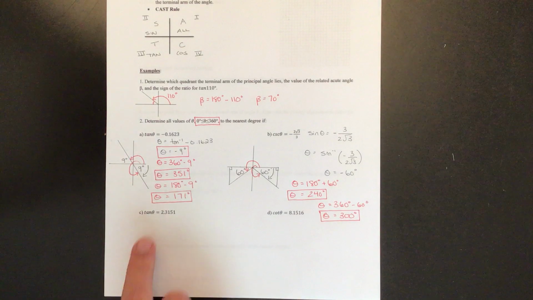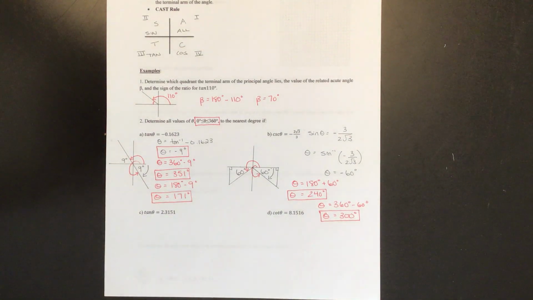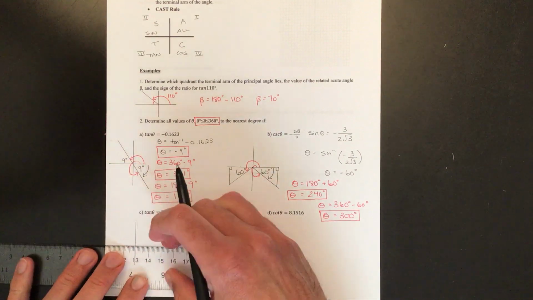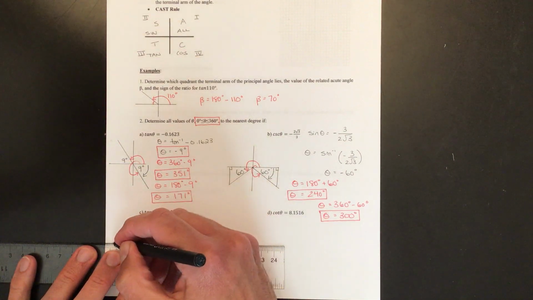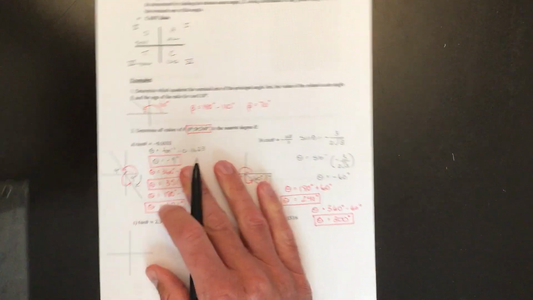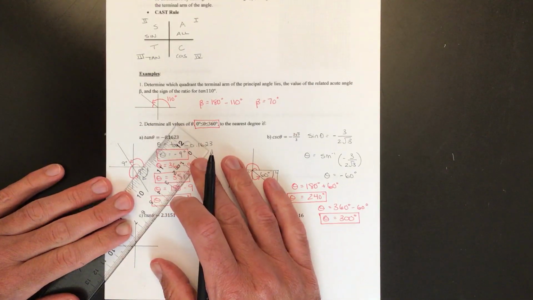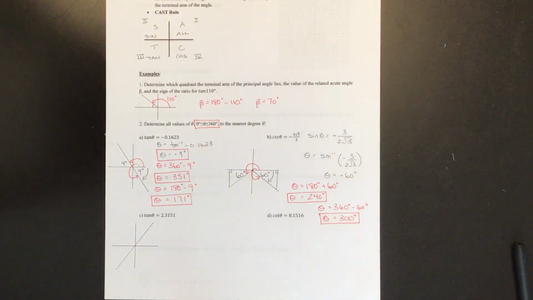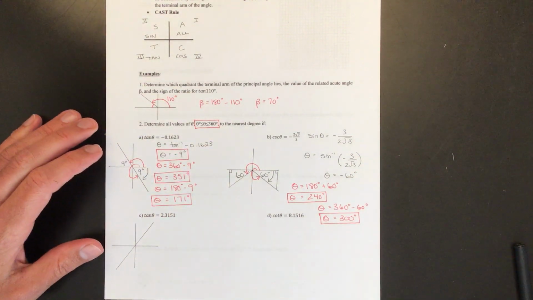For C, tan, what do we notice with that decimal? We notice that tan is positive now. So with tan being positive, I know I'm going to be in quadrant 1 and quadrant 3. So I draw my terminal arm in those two quadrants. I need to find the angle.